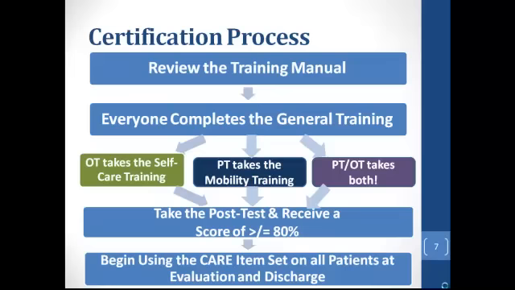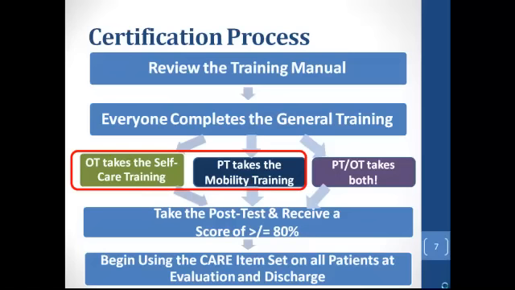There is a learning module for the self-care items and a separate learning module for the mobility items. Some organizations will have OT trained to do the self-care item set and PT trained to do the mobility item set. That means for each patient, those would be the only items each discipline would complete.